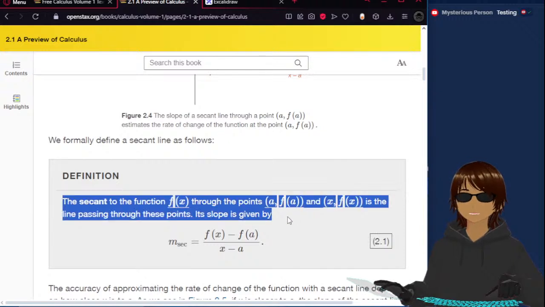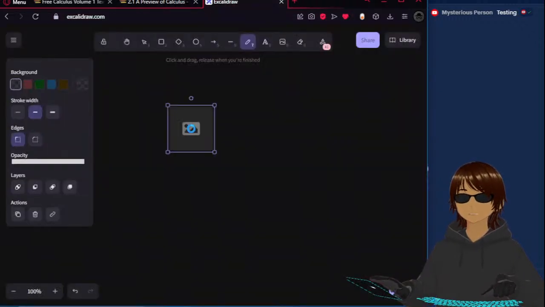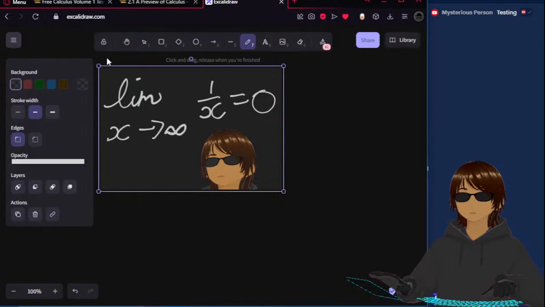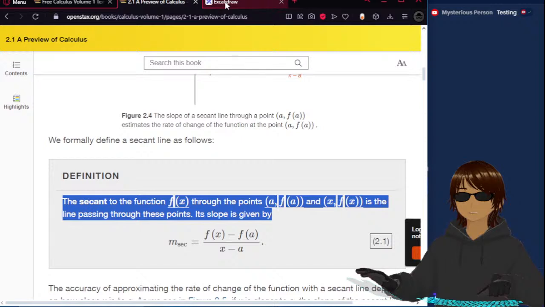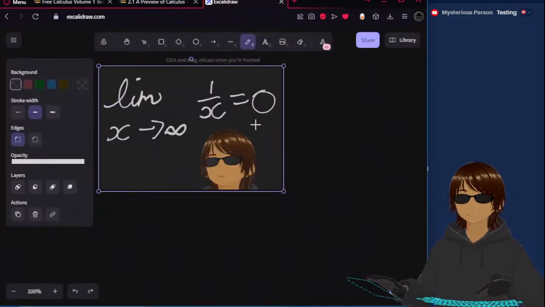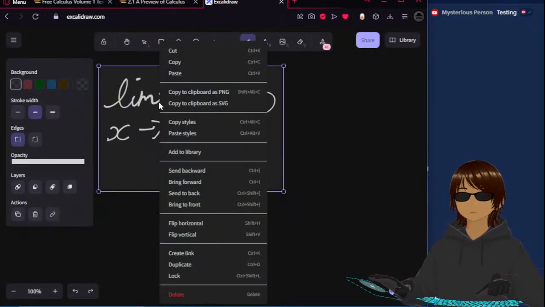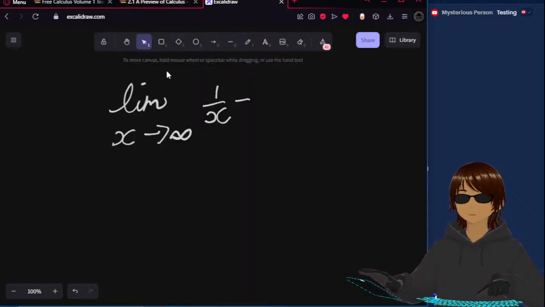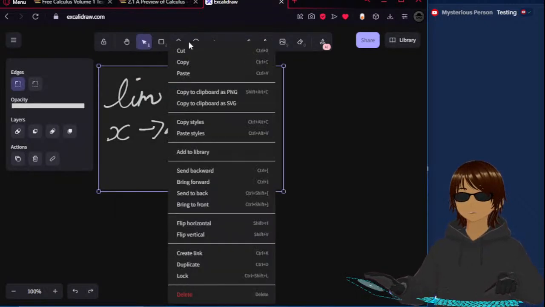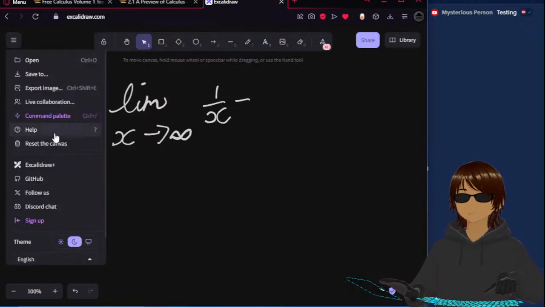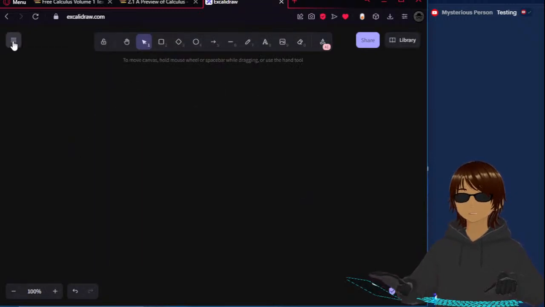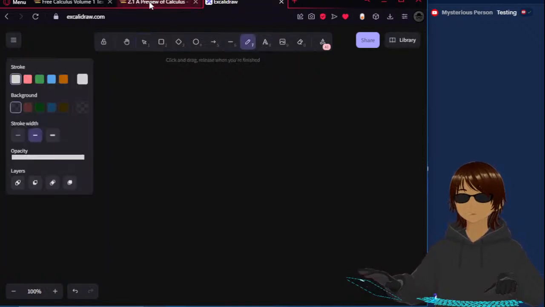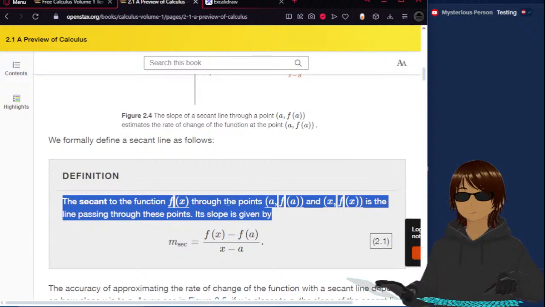Let me copy this. Let's see how well this works. Oops. I don't know what's happening. Let me reset the canvas. Let me copy this.